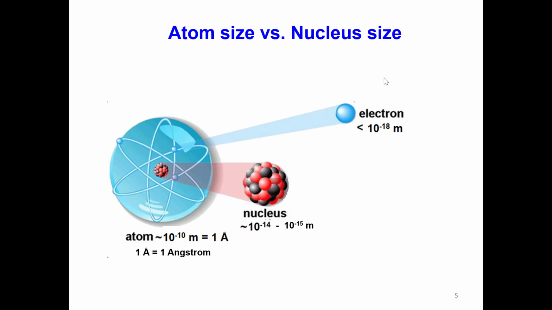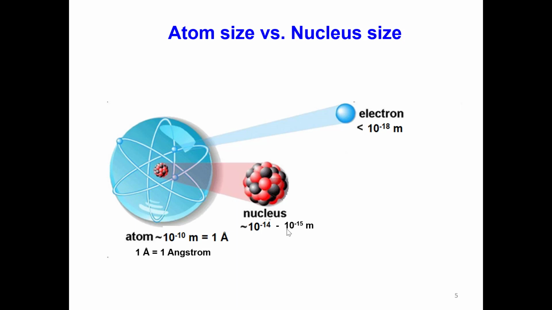Let's see the relation between atom size and nucleus size. The size of the atom is of the order of 10 to the power minus 10 meters, which is equal to 1 angstrom. The size of the nucleus is between 10 to the power minus 14 and 10 to the power minus 15 meters. The size of the nucleus depends on the number of protons and neutrons in the atom.